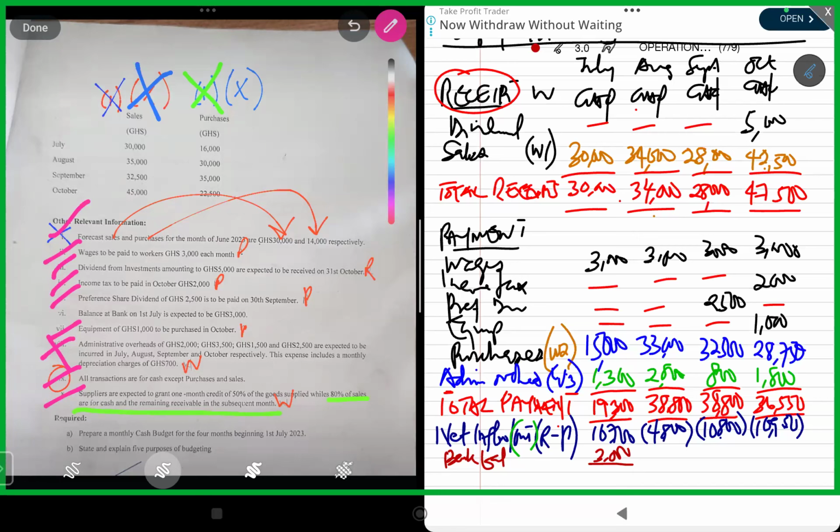So I'll add it. What do we have? You add it to the total, the net inflow for July, 10,700 plus 3,000.